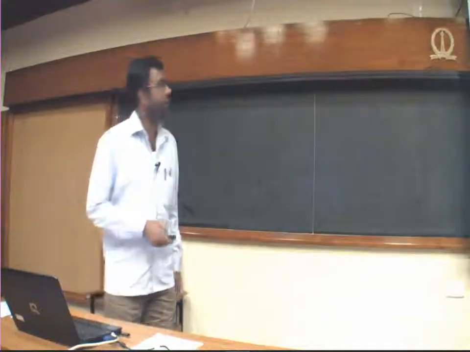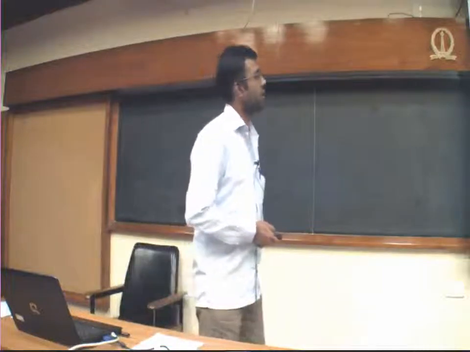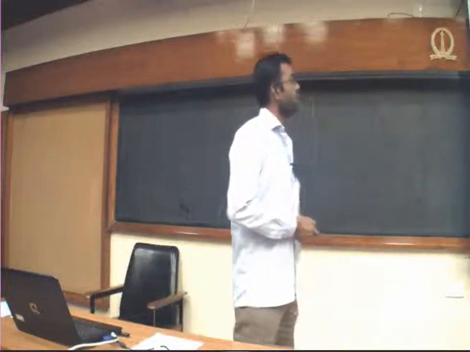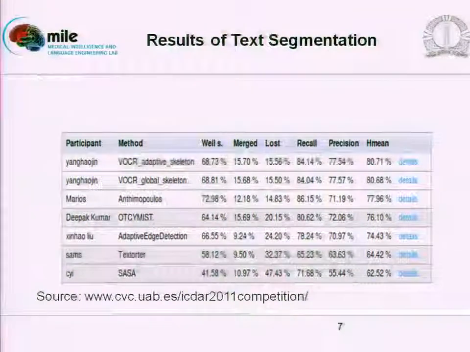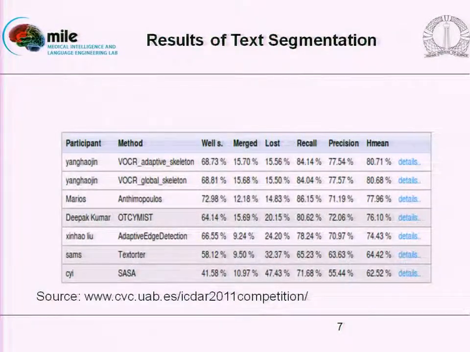During the competition period, the grayscale ones were in the competition period, and the white colored table shows that they were in the open mode. This is the result obtained from the competition data set website, and during the competition I had a score of 76%, which was much better than the other competing algorithms.